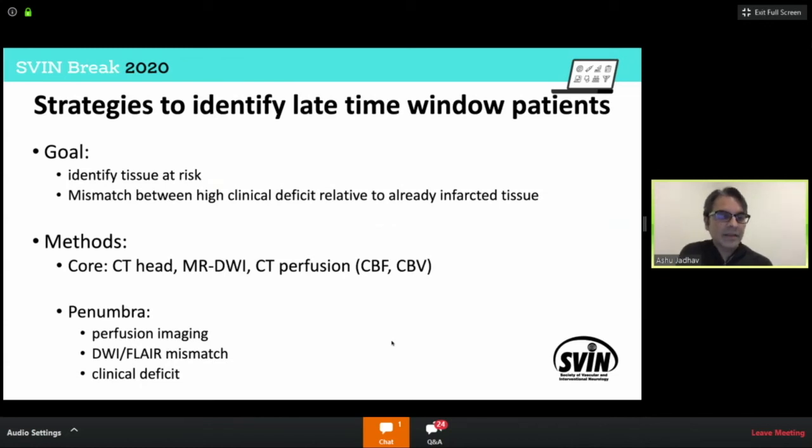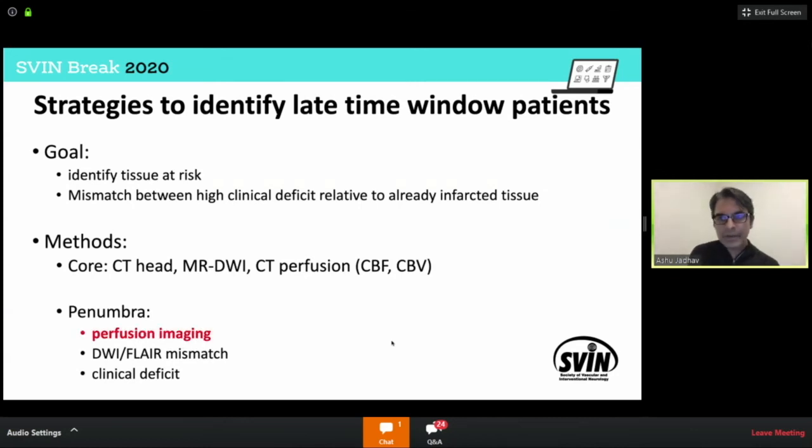And the methods that you can use are just CT head to measure core, or DWI, or CT perfusion. And there's debate about whether that should be blood flow or blood volume. And then how do you identify tissue at risk? And there's been several approaches that have been proposed. There's perfusion imaging. There is a concept of DWI flare mismatch. And then there's just clinical deficit to identify tissue at risk.